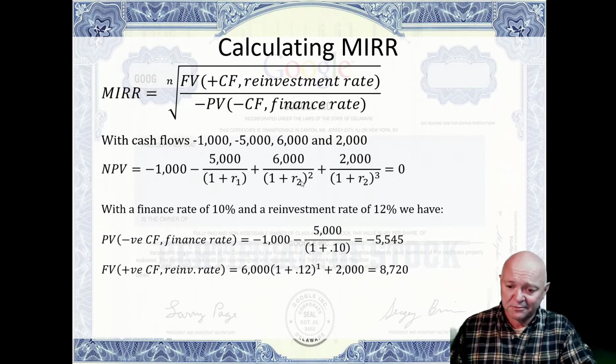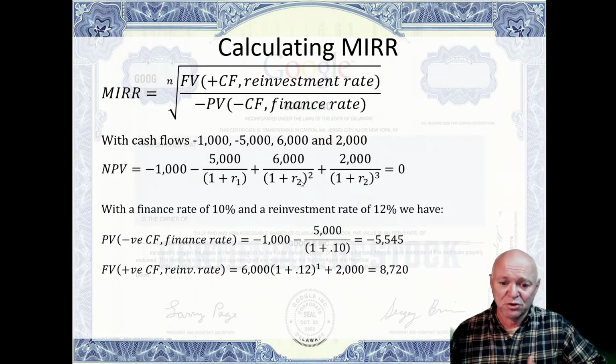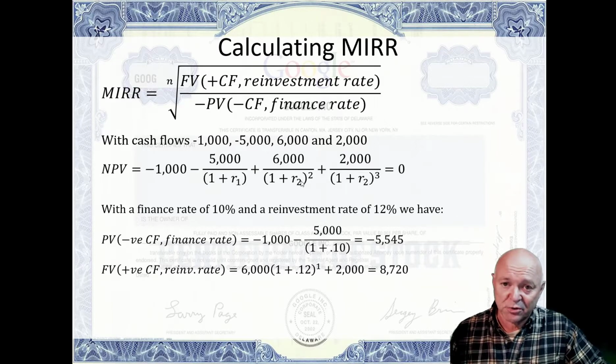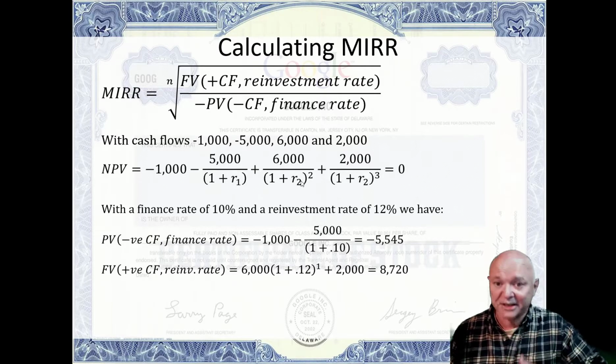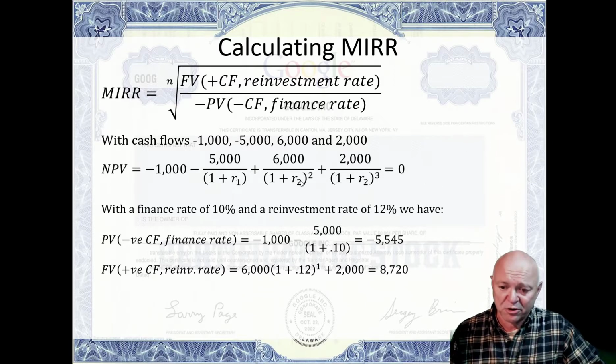Then we calculate the future value of our cash flows. Now remember, the future value is the value taken from the future looking backwards, and so in the second discounting period, we're going to receive $6 million, and we're going to use the reinvestment rate of 12%.